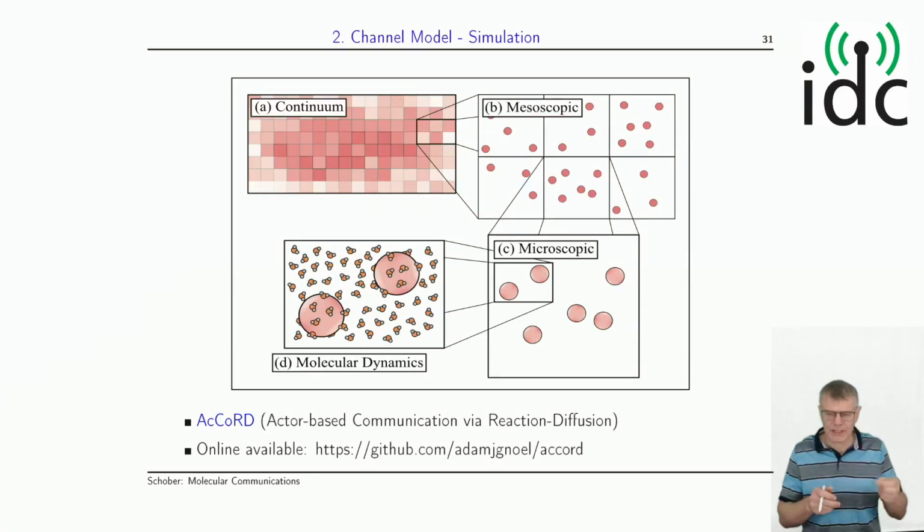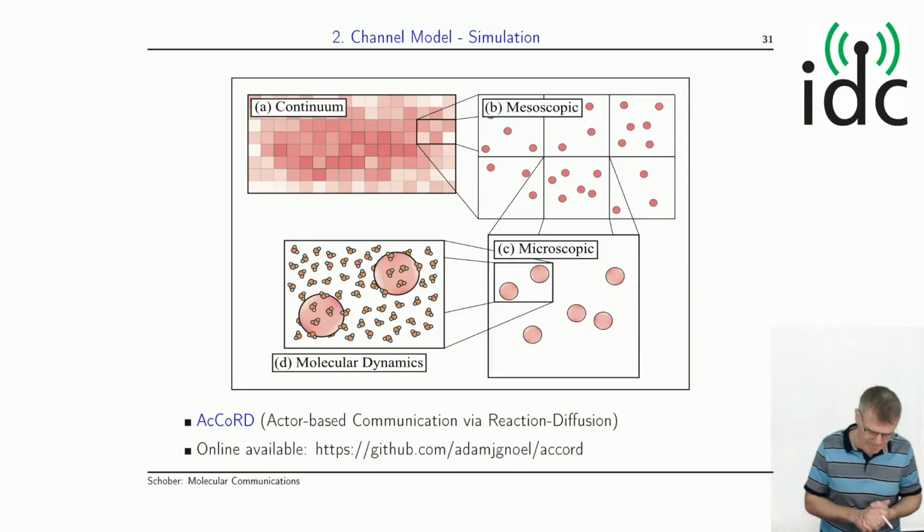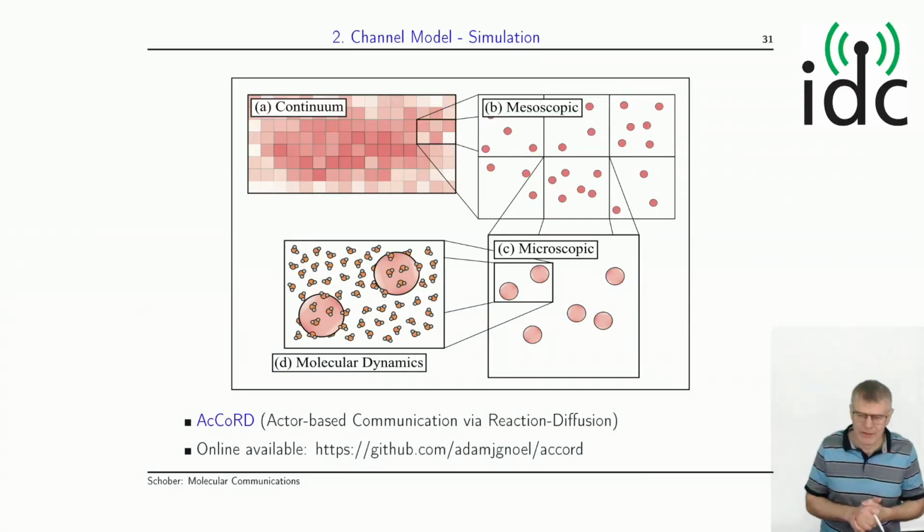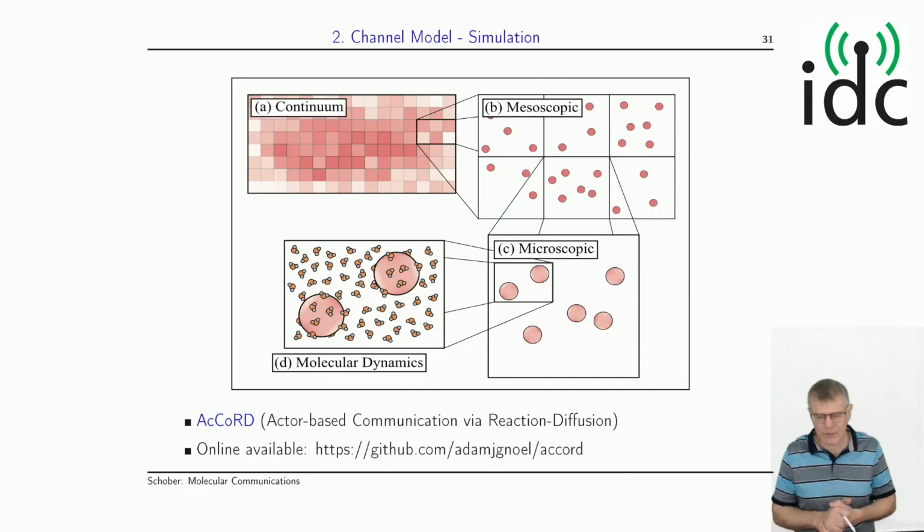So if it's a protein, then every atom on the protein, how they are connected, what forces are active between them, and then what forces as a result are active between different molecules. So this has a very fine granularity, and a very high complexity, of course. Roughly you can say the complexity increases from A to D. So the models become more accurate and more complete, but also more complex.